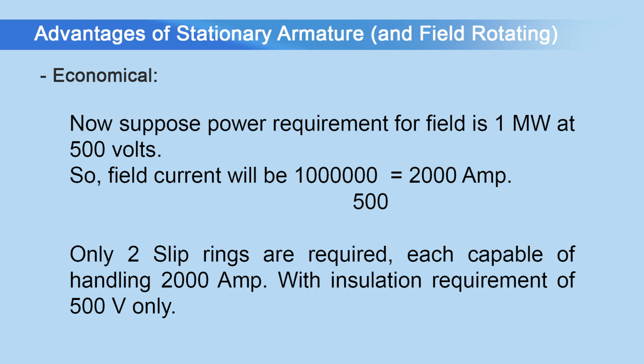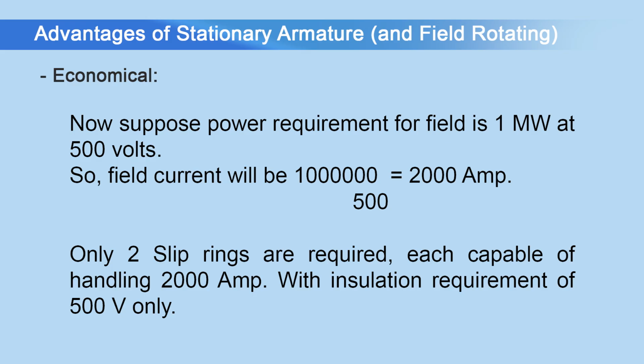Right now we are discussing the case where the armature is rotating and the field winding is kept on the stator. Inside the stator we have limited space. In that limited space we have to accommodate 3 slip rings having capacity of around 5000 ampere and the insulation level of around 20 kV. So, it is somewhat difficult.